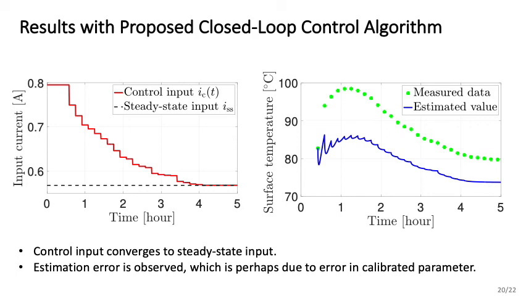However, even then, we can see sufficient robustness in the results of the control experiment. So this estimation error is actually reasonable, and our control is shown to be robust with respect to such a parameter error.